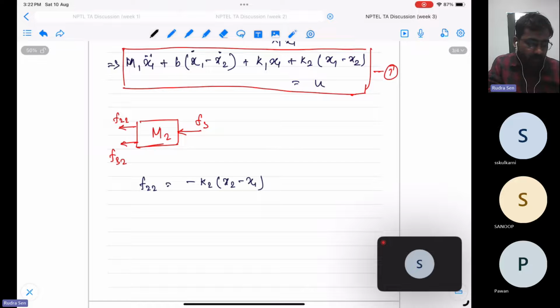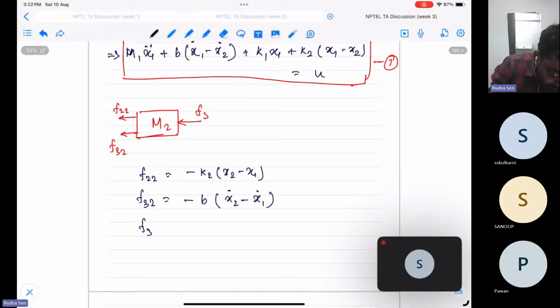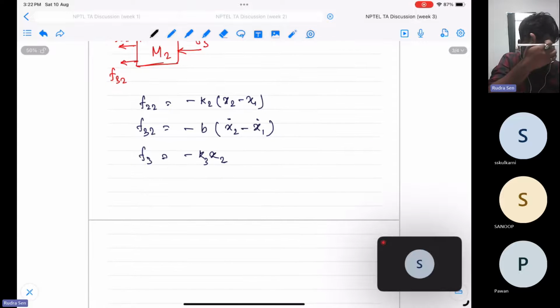F22 and F21 have equal magnitude but are in opposite directions, so that's why this minus is here. F32 is minus B into (X2 dot minus X1 dot), and F3 is minus K3 into X2.